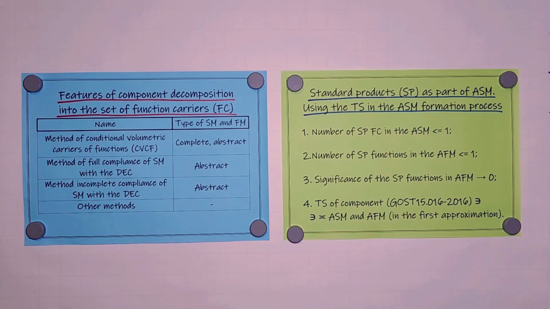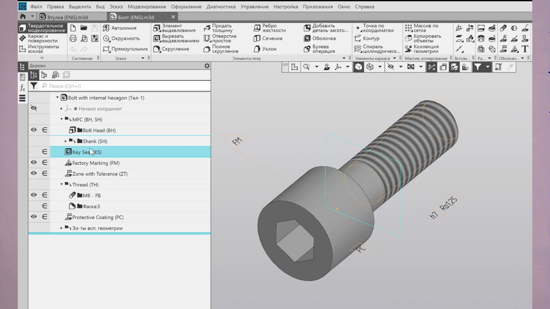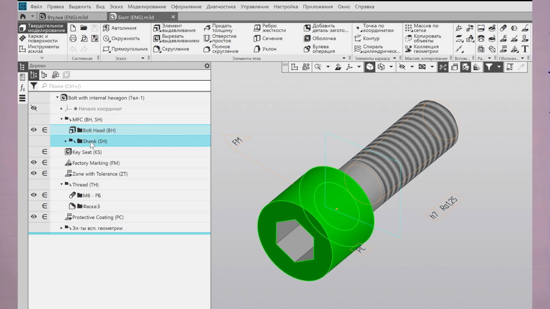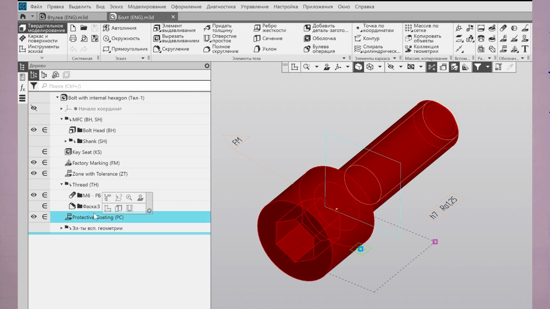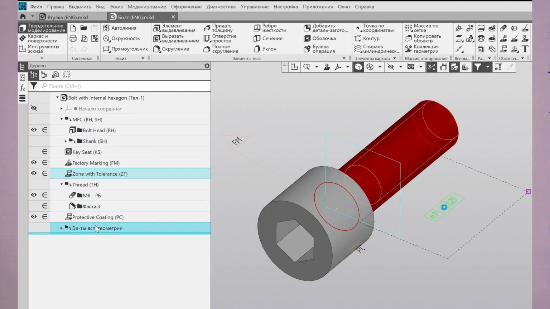of the functions can be performed as follows, using the example of the bolt and the housing of the front wheel bushing of a mountain bike. The bolt shape formed by these methods includes bolt head, key seat, shank, thread, protective coating, zone with tolerance, factory marking.